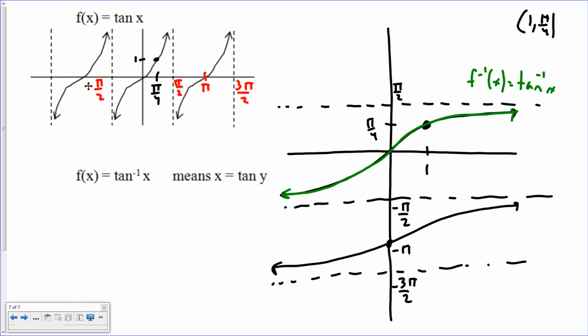You're talking about angles, your y angles, that are between negative pi over 2 and positive pi over 2. That's why when you use tangent inverse in your calculator, it's going to output only angles between 0 and pi over 2 and 0 and negative pi over 2. You're going to get negative angles when you use the tangent. It's because it's the way the function is defined, the way that that's programmed in. Or else they could give you an infinite number of angles.